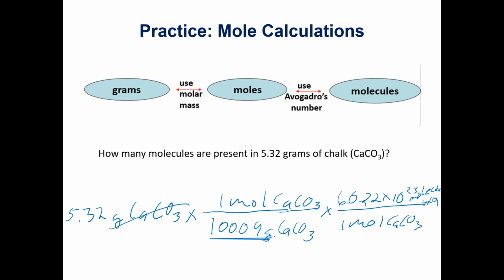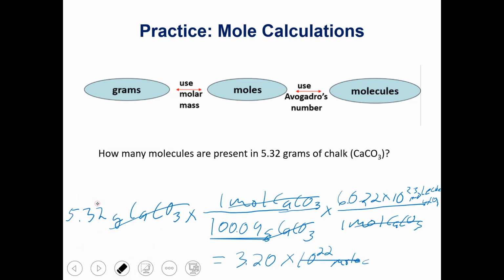So grams cancels with grams, moles cancels with moles, and if you put into your calculator 5.32 times 6.022 times 10 to the 23rd and divide that by 100.09, what you should come up with is that there are 3.20 times 10 to the 22nd molecules of calcium carbonate in 5.32 grams of chalk.